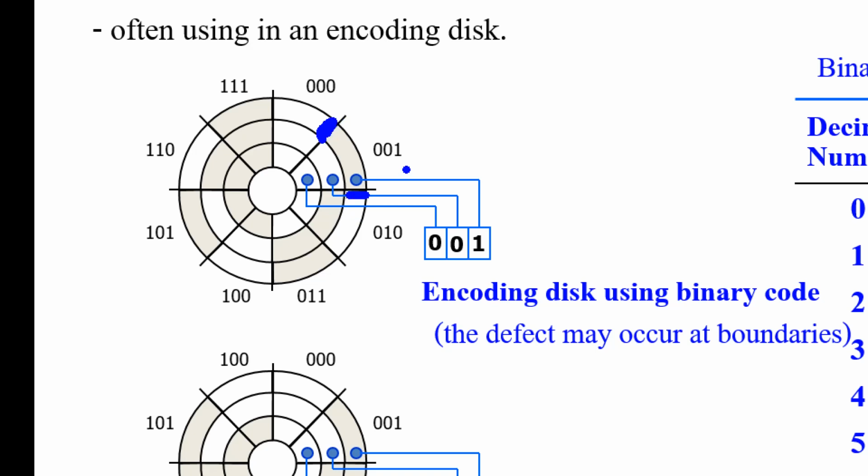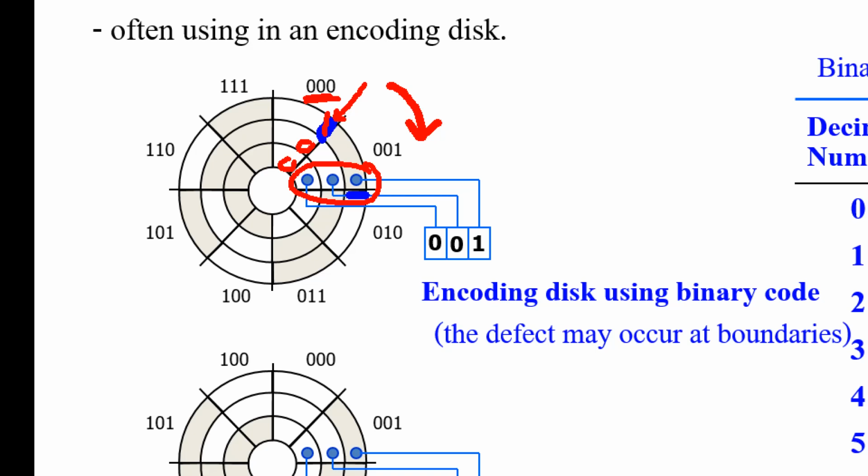What happens if this plate rotates in this direction? That means when this position goes into the sensor line, what happens? The output will be what? 0, 0, 1, right? But it should be 0, 0, right? Okay, a little bit of error occurs.